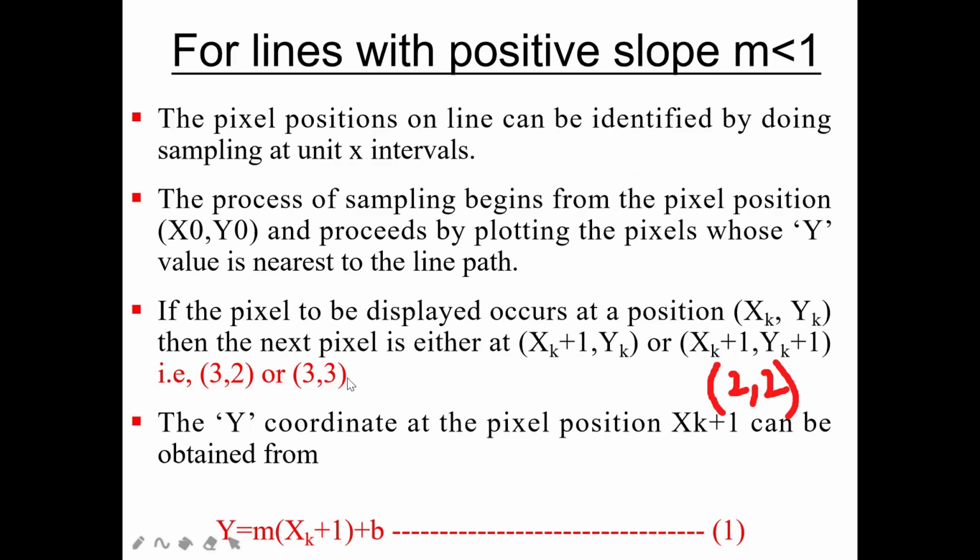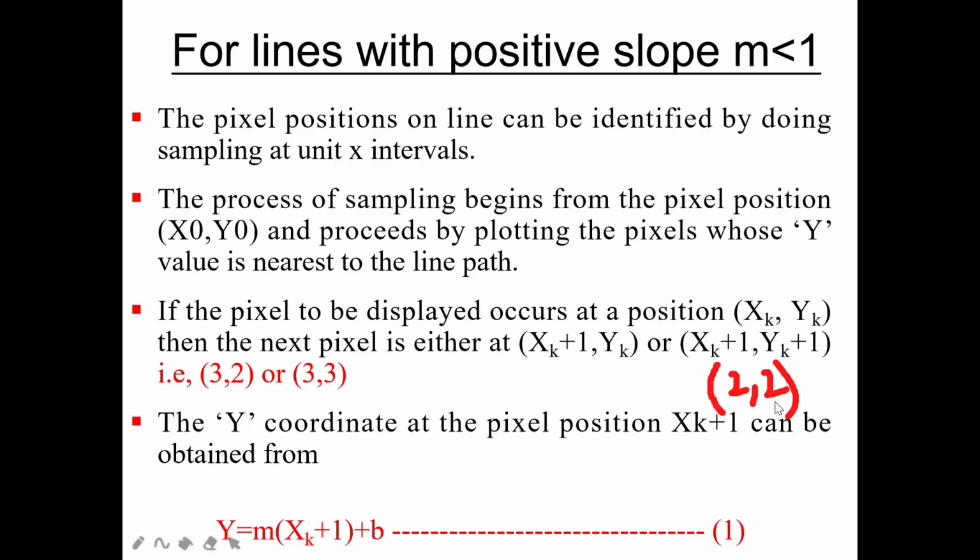We are assuming that after 2 comma 2, the successive sampled pixel can be either 3 comma 2 or 3 comma 3. This is a very small example, so we were able to count, but in general everything has to be sampled in a very minute way.